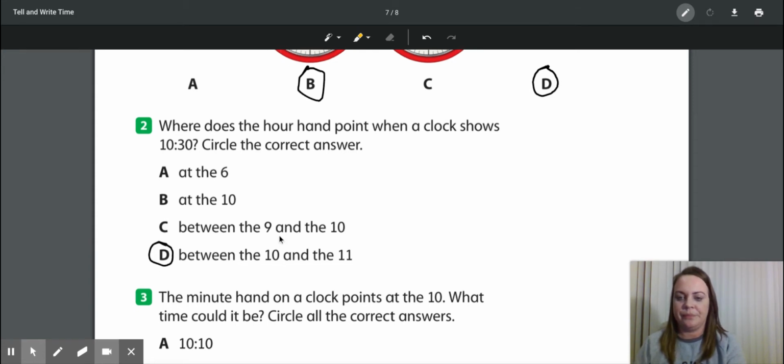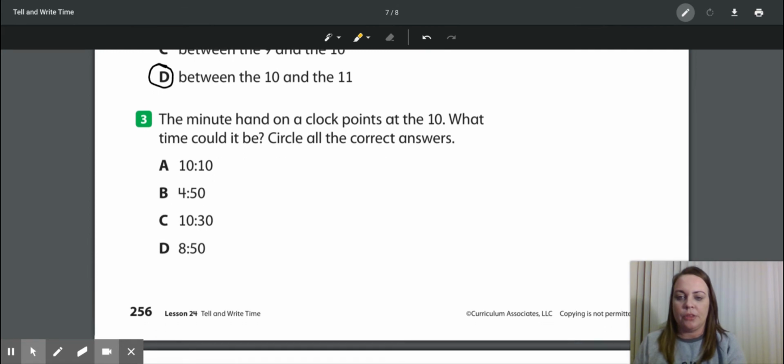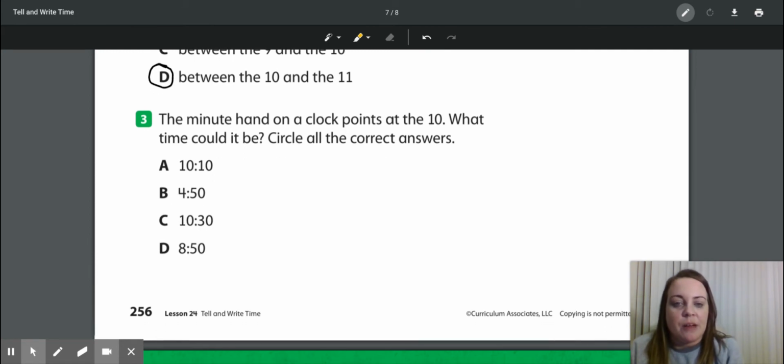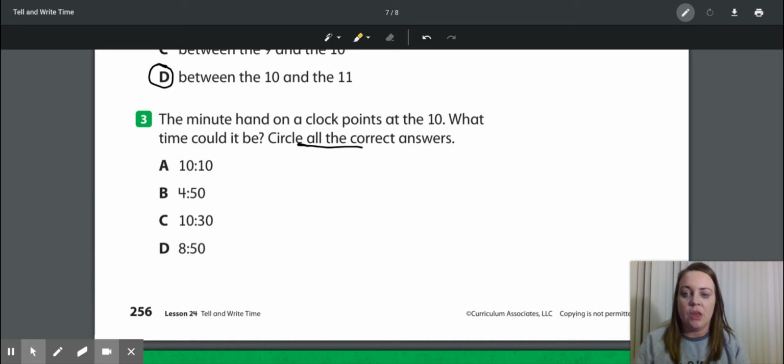There we go. Number 3, the minute hand on a clock points at 10. What time could it be? Circle all the correct answers. Look at that. Circle all. That means there's going to be more than one. Circle all the correct answers when the minute hand on the clock points at 10. So we're not worried about the hour hand. We're going to ignore it.